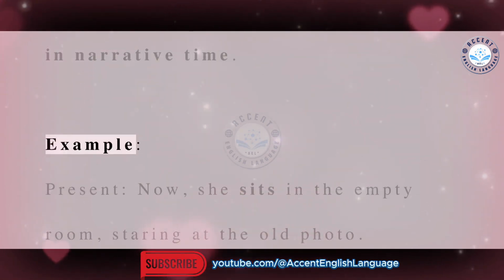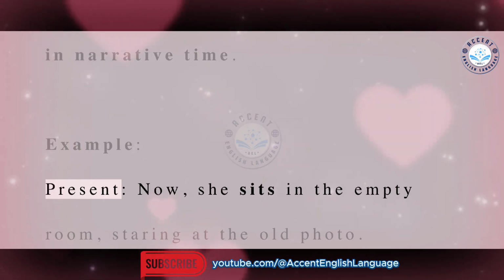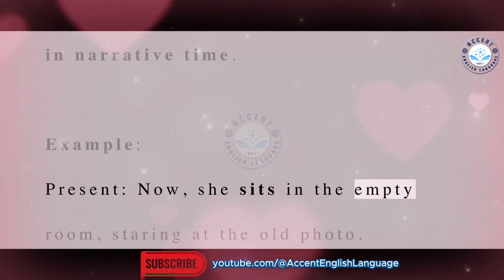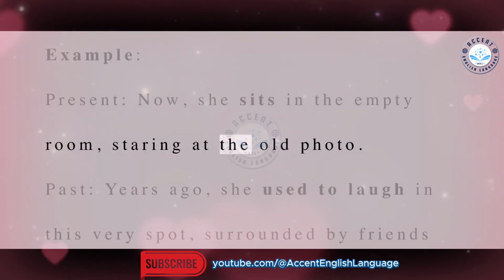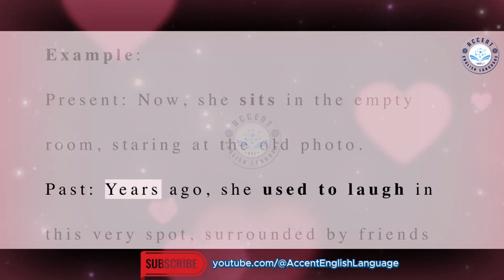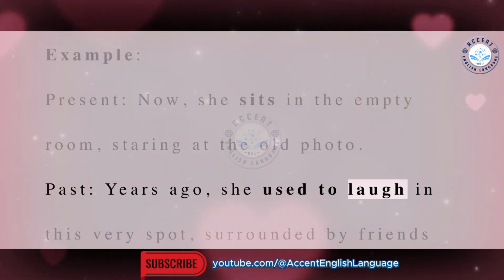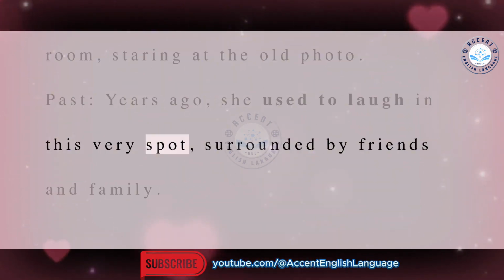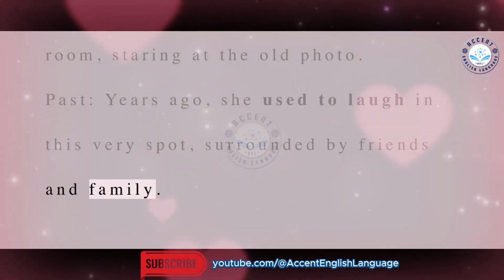Example: Present: Now, she sits in the empty room, staring at the old photo. Past: Years ago, she used to laugh in this very spot, surrounded by friends and family.